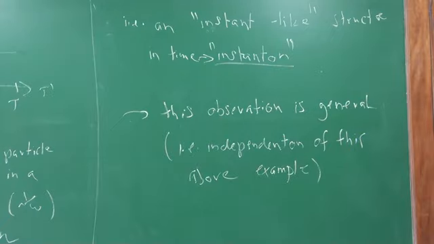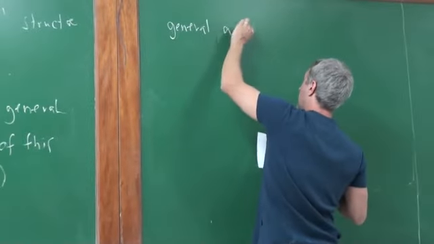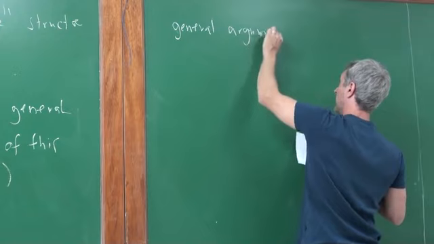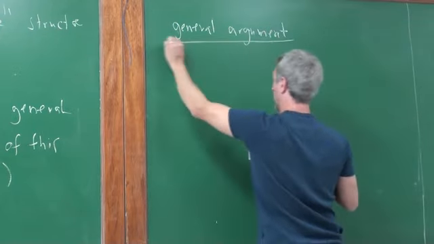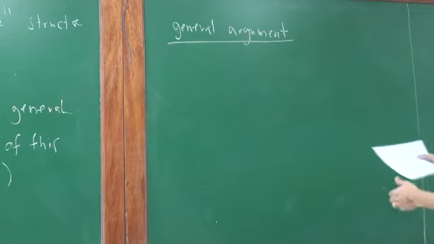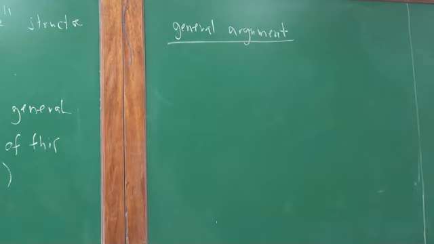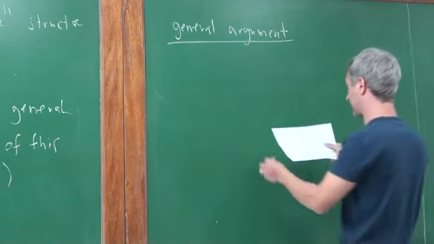So the general argument now comes. It's again all about the observation. We are interested in this transition amplitude, and we consider a specific limit where we're considering times much larger than the intrinsic time scale.